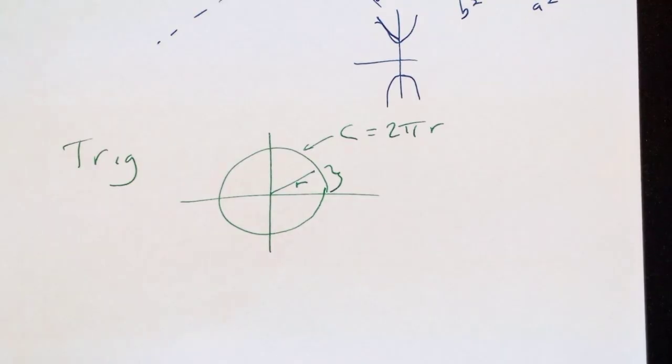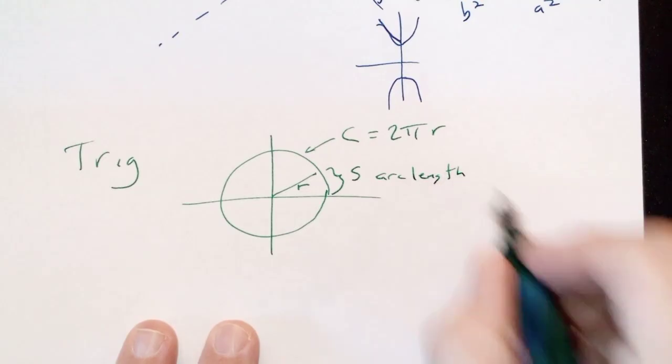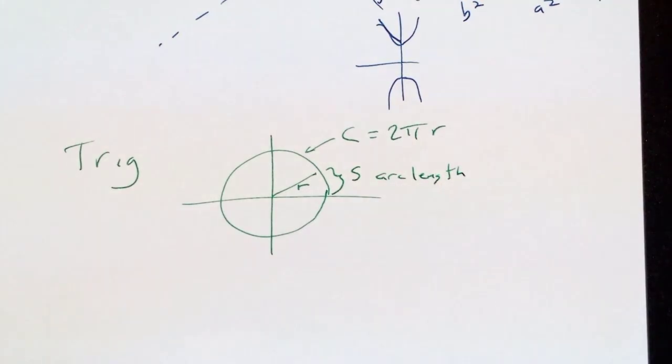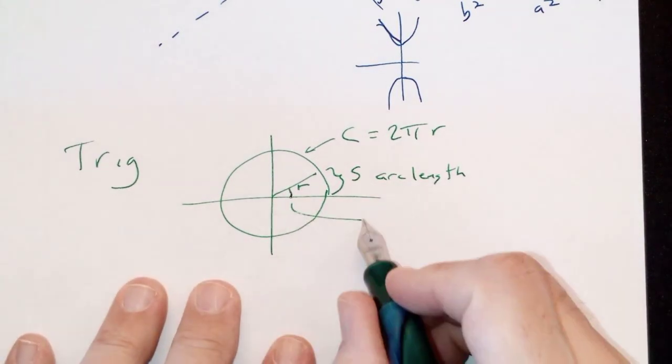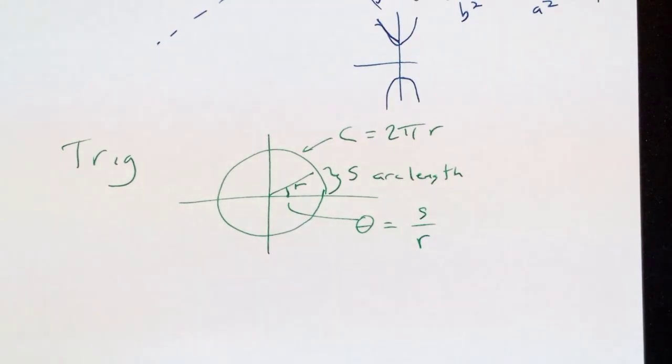So I'm going to take this length, call it S, the arc length, and I'm going to measure that. And I'm going to define my angle to be the ratio of those two. That's it. That's the definition of an angle.